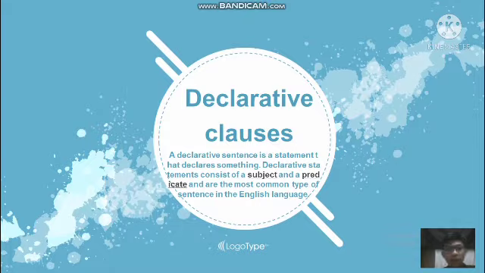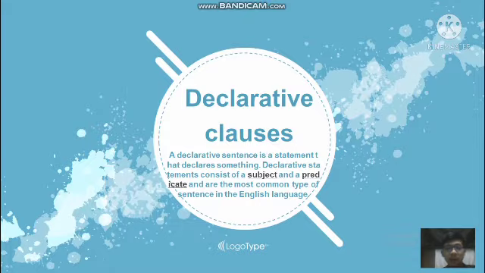A predicate is the part of a sentence that contains the verb and gives information about the subject. They are the most common type of sentence in the English language.